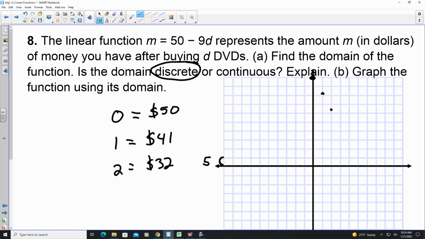So 32 is right about there. And again, the graph is linear, but you would have to take into account that you can't buy fractional portions of the DVD, so that's why it is discrete.